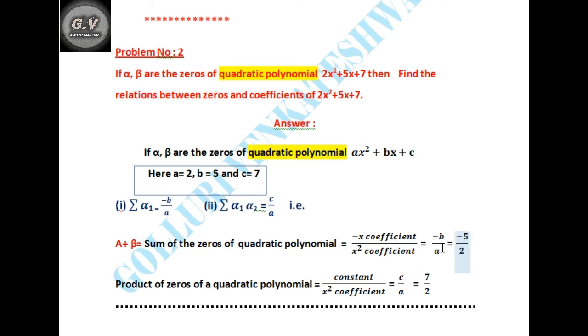And what about the product? Product of zeros will be c by a. So what about the value of c? 7, a value 2. Product of zeros means alpha into beta.